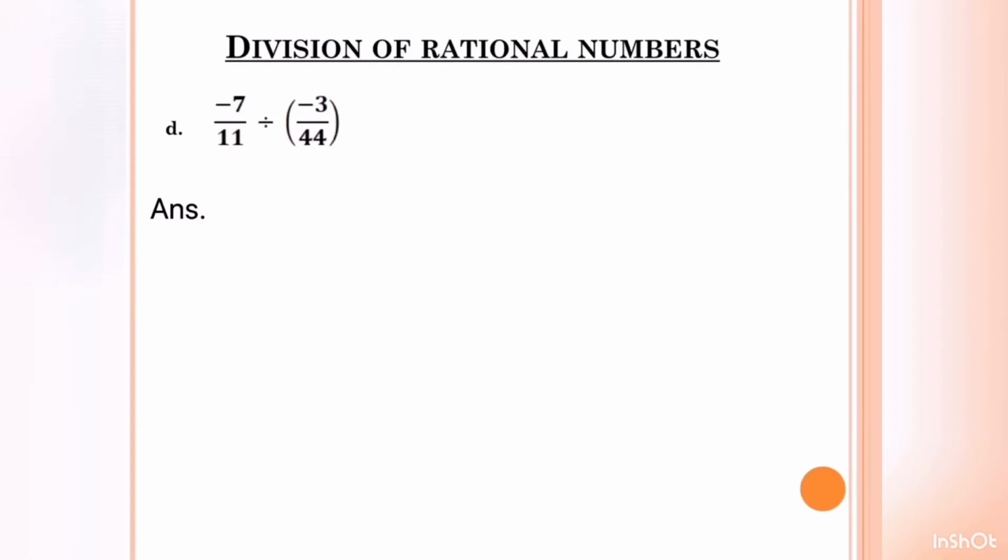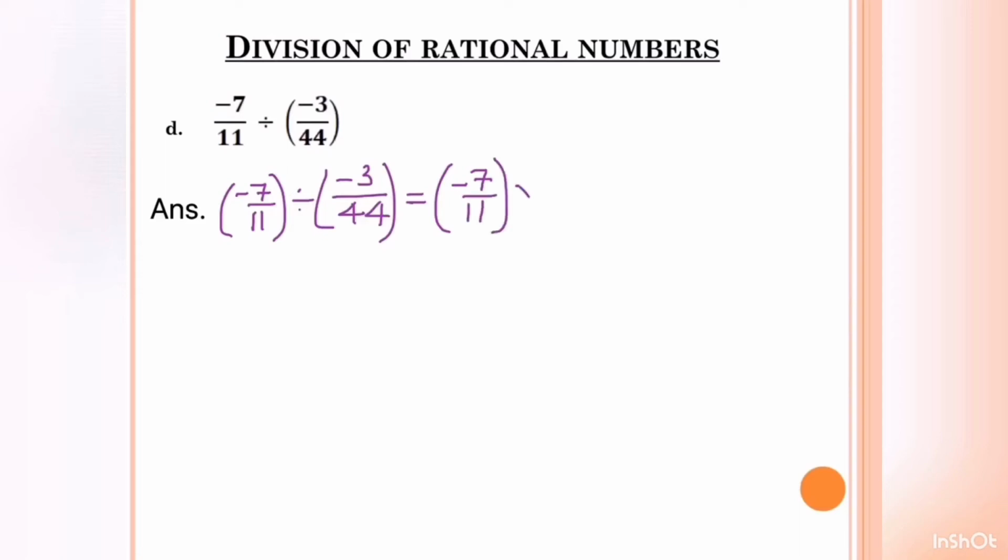Next question. Evaluate minus 7 by 11 divided by minus 3 by 44. Answer. This expression is equal to minus 7 by 11 multiplied by reciprocal of minus 3 by 44, which is 44 by minus 3.